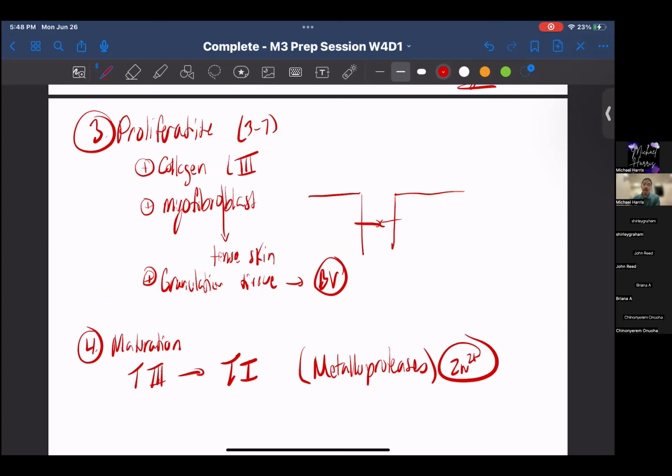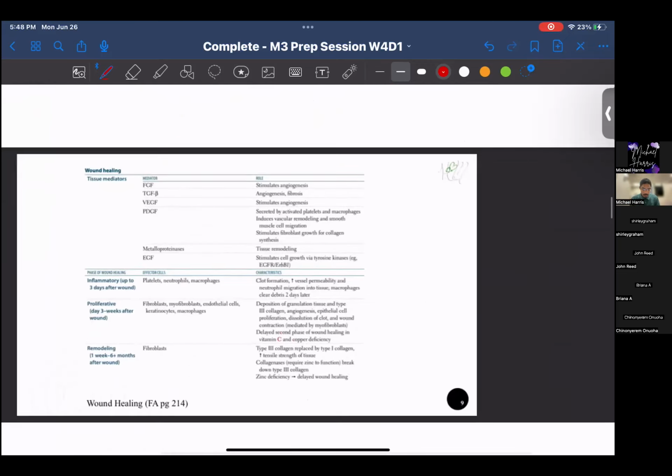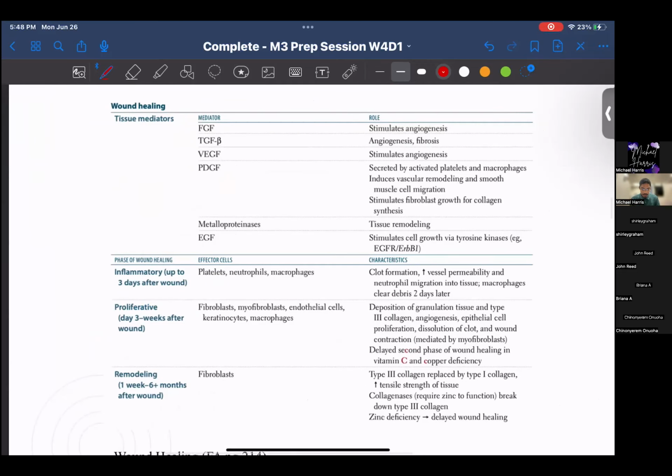Okay? So if you have any deficiencies in either one of these, you have wound healing deficiencies. Does that make sense? Okay, perfect.